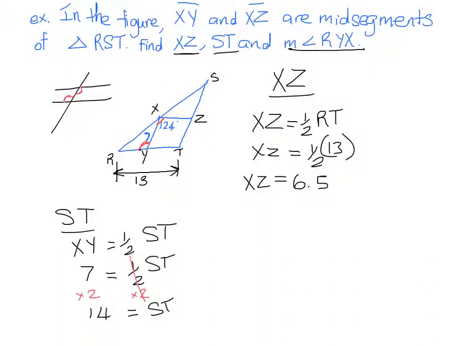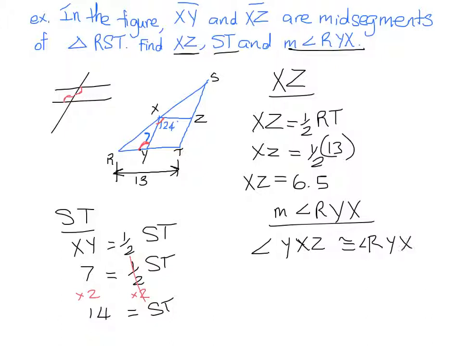So in order to find angle RYX, we know that they're alternate interior angles, which means that they are equal in measure to each other. So angle YXZ is congruent to the angle we're looking for, which is RYX. So the measures are equal.